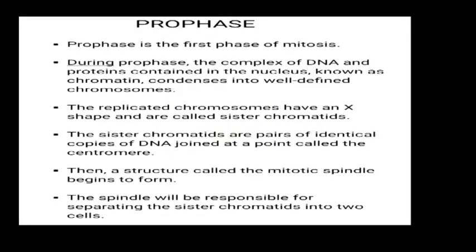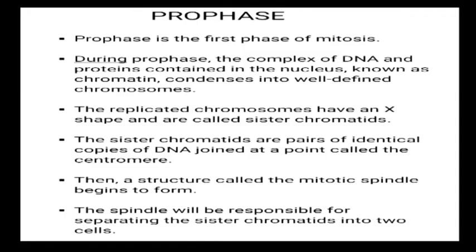Let us move on to the first phase of mitosis, that is prophase. During prophase, the complex of DNA and protein contained in the nucleus, that is known as chromatin, that is a thread-like structure present in the nucleus, condenses into well-defined chromosomes.